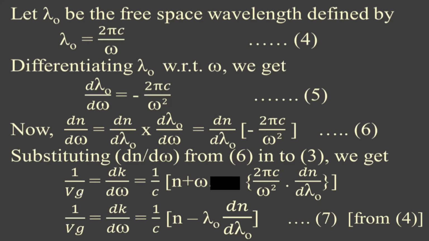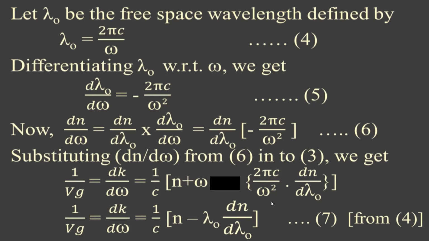So you are substituting that quantity in equation 3. So equation 3, 1 by Vg becomes 1 by C into n plus omega into dn by d omega, whose complete value is substituted here. Actually here this is written first and then next, and this should be minus, a slight mistake is there. That is corrected here. And 1 omega cancels, and you are left with 2 by C by omega.